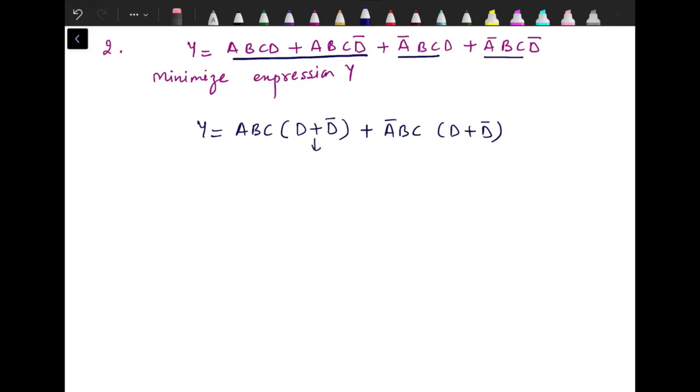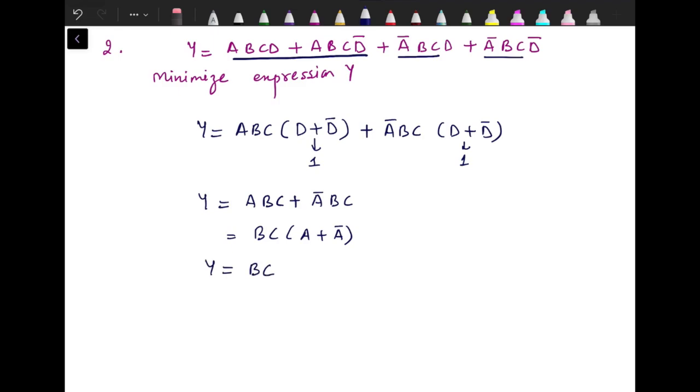D plus D complement is always 1, because if D is 1, then D complement is 0, and if D is 0, then D complement is 1. Same over here. So y changes to ABC plus A complement BC. From here, B and C are the common terms. Then we are left with A plus A complement. Again, A plus A complement is 1. So y reduces to B into C.